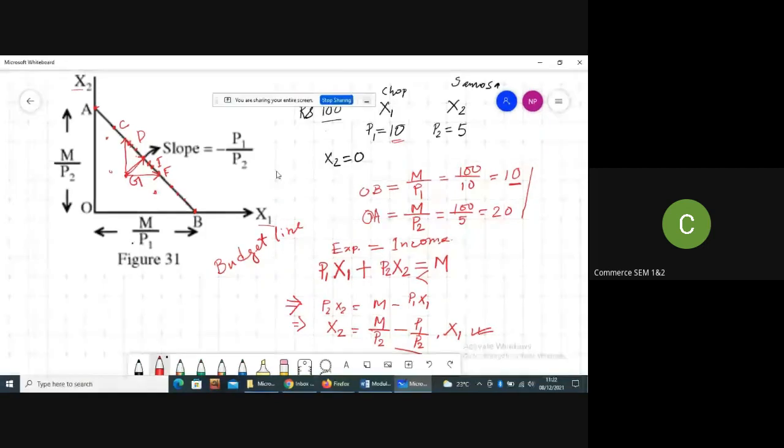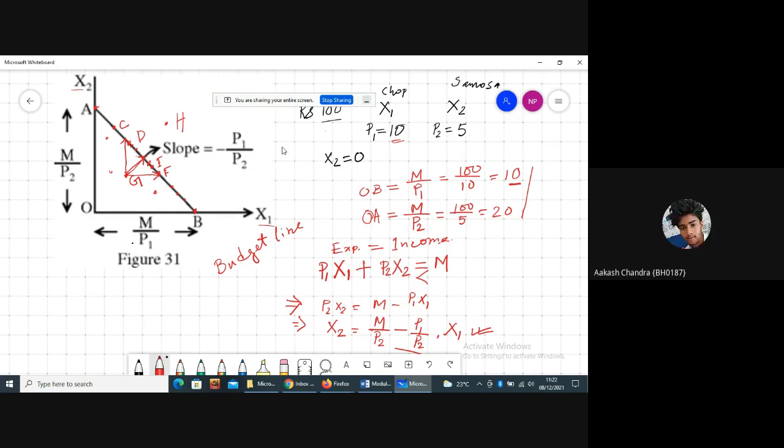Now what about a point like this, point H, which is outside the budget line? It is greater than money income, so you need to spend more if you want to consume at point H. To consume at point H you need some more expenditure which is higher than your money income.